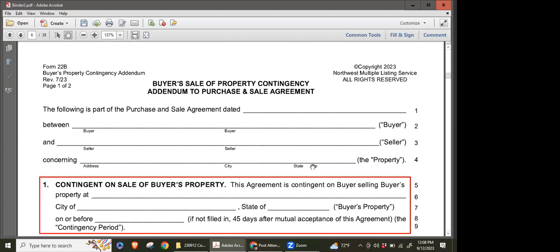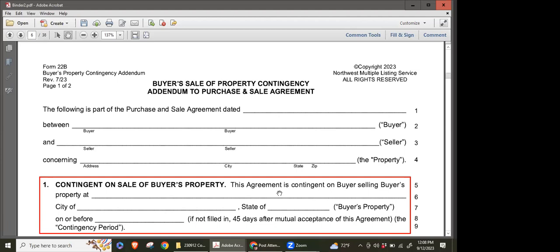Okay, 22B. If this is a document that's in there, then I'll get out of this document and go back to the 21 and make sure there's no closing date. Because when you have a 22B, what dictates the closing date?